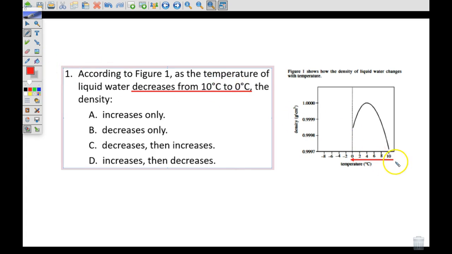So we'll be reading our graph in figure 1 essentially backwards, going from 10 degrees backwards to 0 degrees. So I see that the trend line goes up as I go backwards, or as I decrease my temperature, and then the trend line goes down. So because it increases and then decreases, the most appropriate answer for number 1 is D.